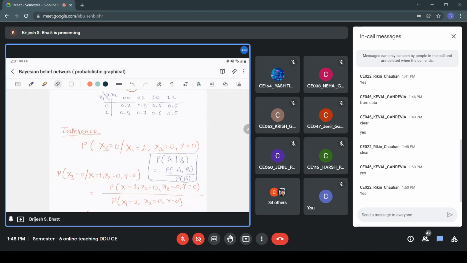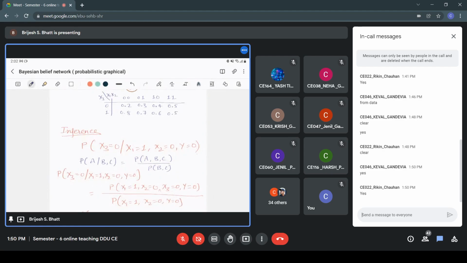Similarly, for more than two variables, probability of A given B comma C is probability of A, B, C divided by probability of B, C. So the probability of observing A given that B and C are observed is equal to the probability of observing all three, A, B and C together, divided by the probability of observing B and C. How many times have you seen B and C, and out of those total occurrences, how many times has A also occurred?